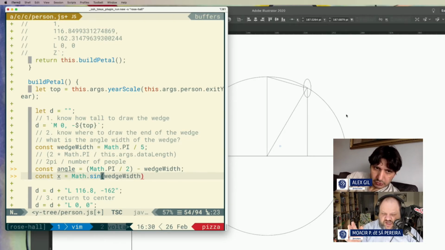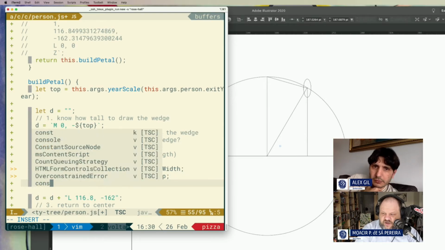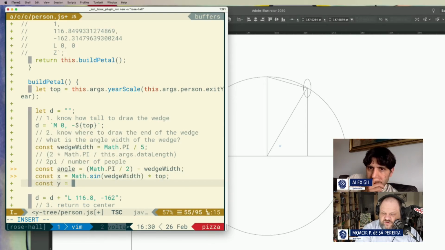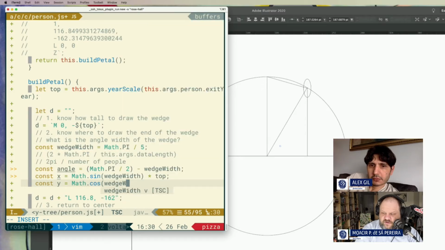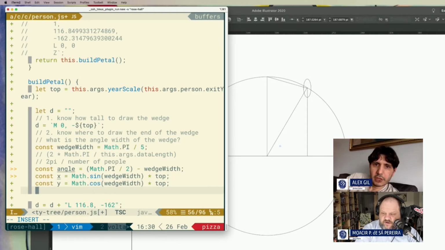So sine equals opposite over hypotenuse. So it's hypotenuse times the sine equals the opposite. So times top, right? Yeah. And const y is equal to hypotenuse times Math.cos of wedge width times top. Right? Yeah.